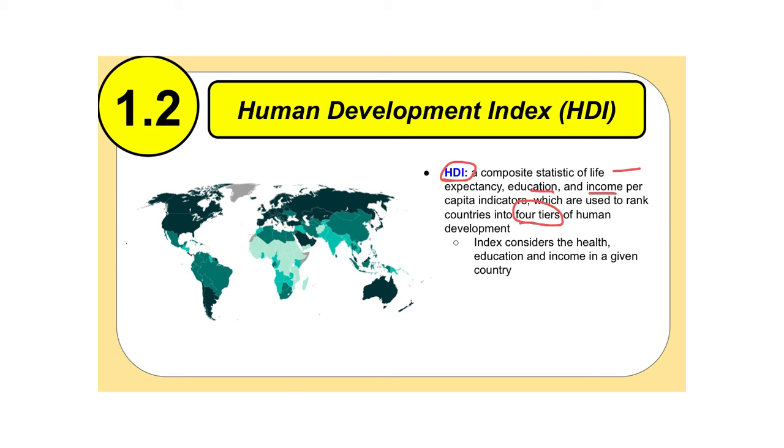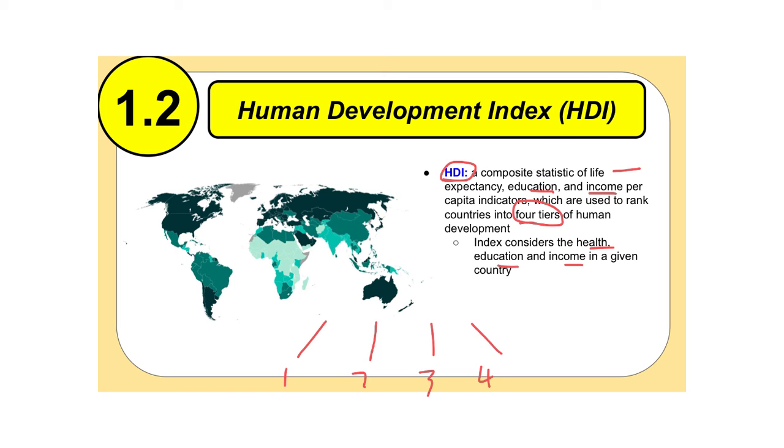So the HDI actually has 4 different subcategories that it analyzes its data, and it places countries in along those scales that they measure and they use all 4 of these to calculate the HDI score and then rank the country accordingly. So the Human Development Index considers things like health, education, and income in a country.